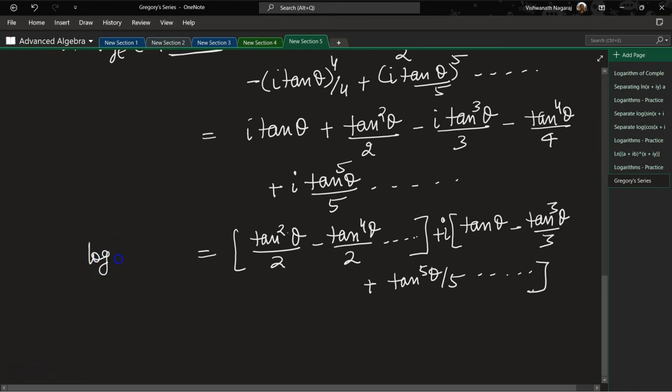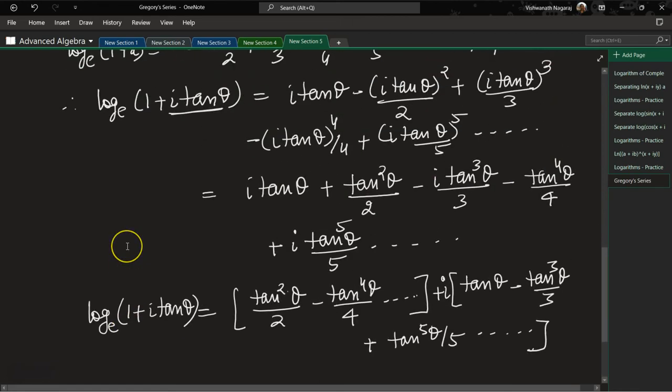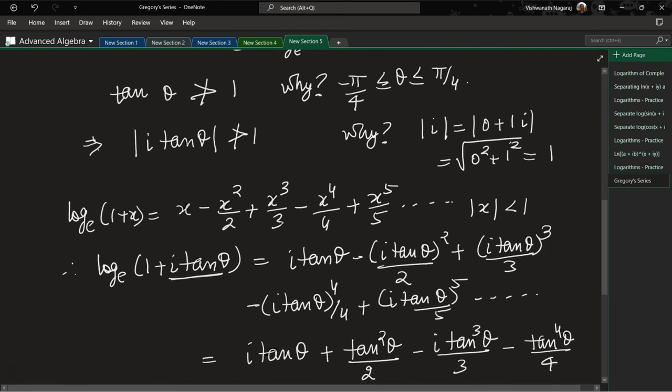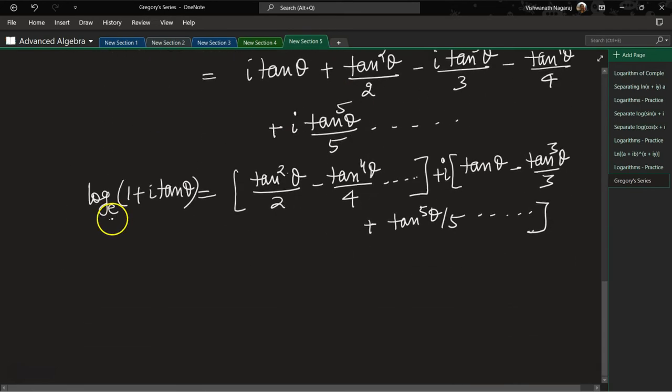Now on this side, what do we have? We have log of 1 plus i tan theta, log to the base e. We have already seen that log to the base e of 1 plus i tan theta is equal to log e sec theta plus i theta. So we can replace this with log to the base e of sec theta plus i theta.